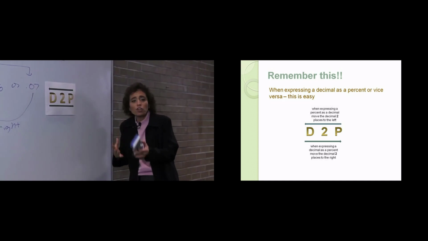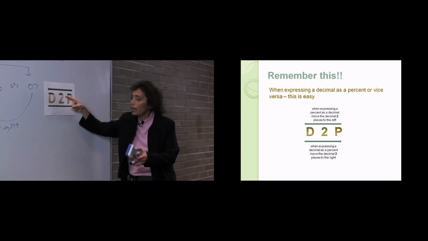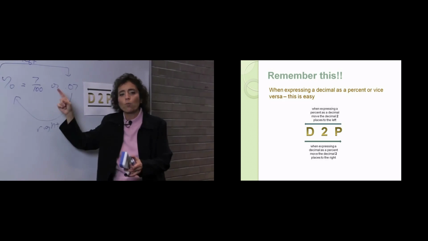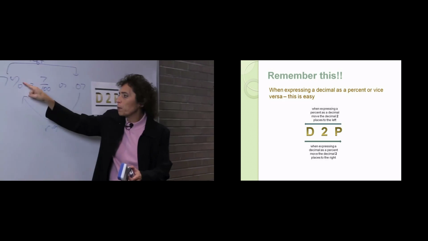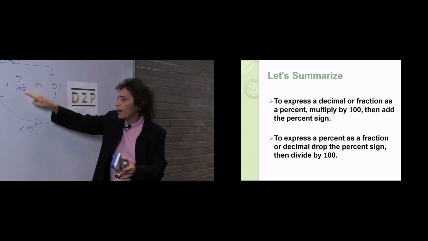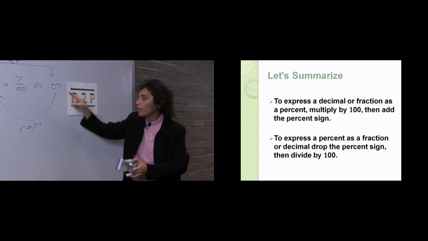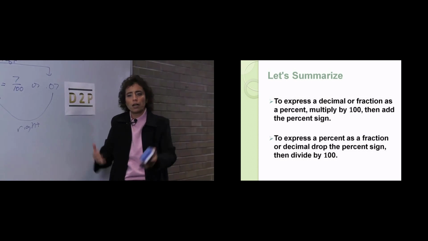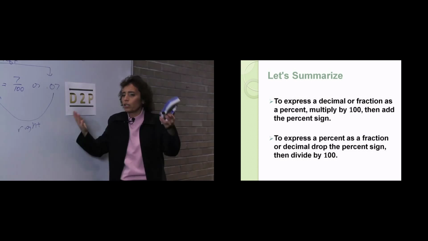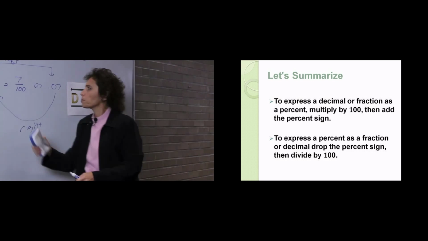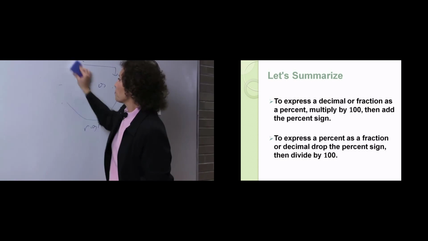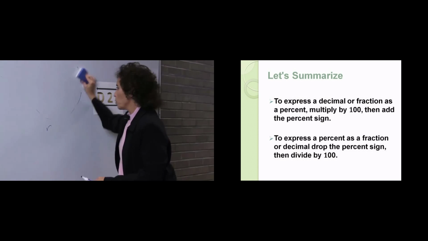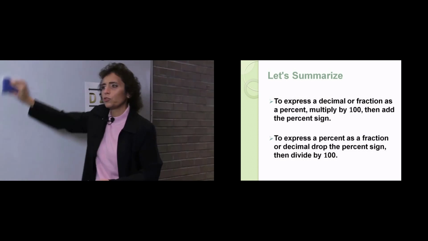The reason you're moving 2 spaces is because we're dividing or multiplying by 100. To get from a percent to a decimal, we divided by 100. And so to get from a decimal to a percent, we're multiplying by 100. It's really very simple. And remember, when you multiply by 100, you move the decimal to the right.